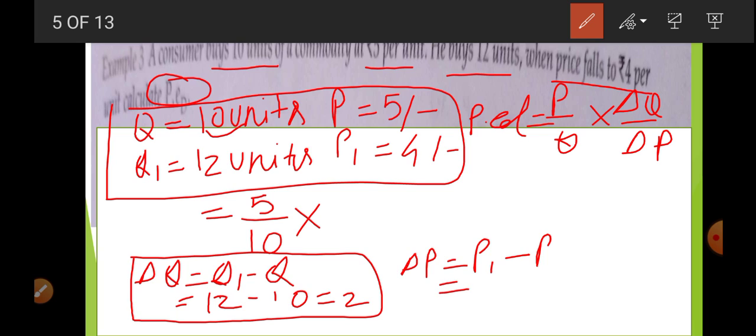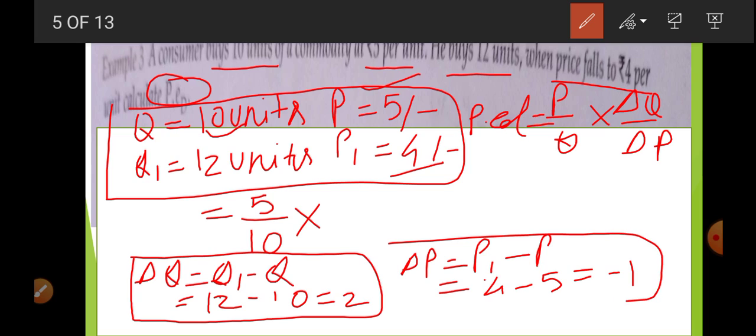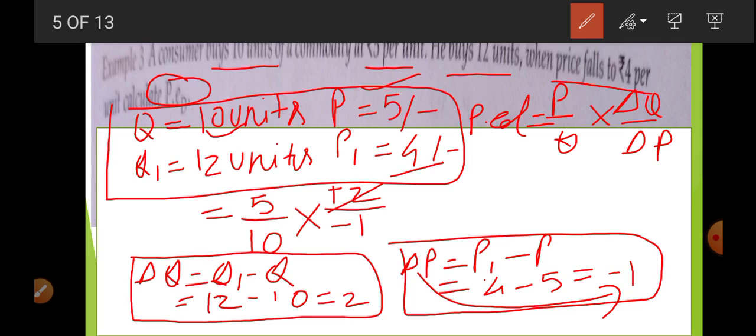Present price is 4 and previous price is 5, so it will be minus 1. This will be the value of del P. Now we put it here: del Q is plus 2 and del P is minus 1. Now 2 fives are 10, and 5 ones are 5. So in this way, what will be the value of price elasticity?